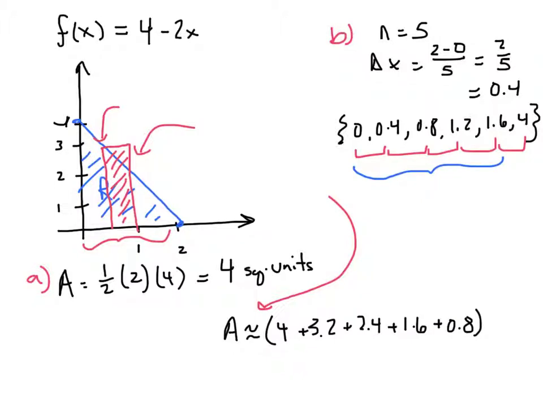Those are all the heights, and then we're going to multiply that by the width, which was 0.4. My calculations give me 12 for the sum in the parentheses times 0.4, and so this works out to be an estimate of 4.8 square units.